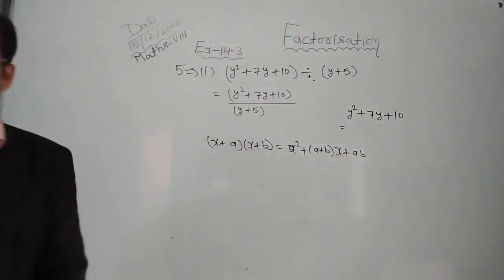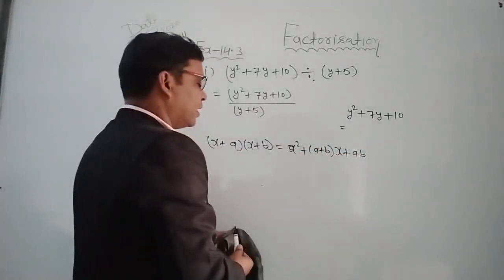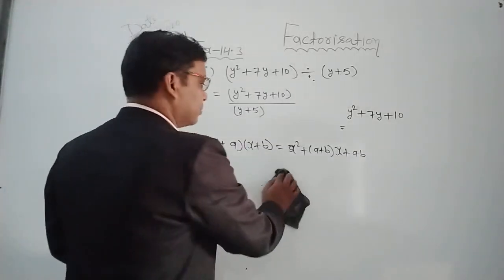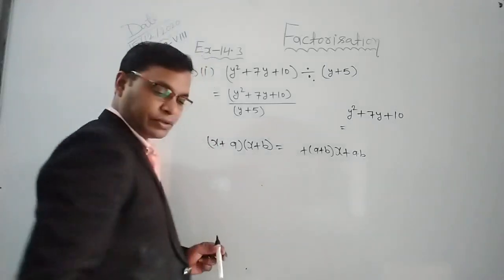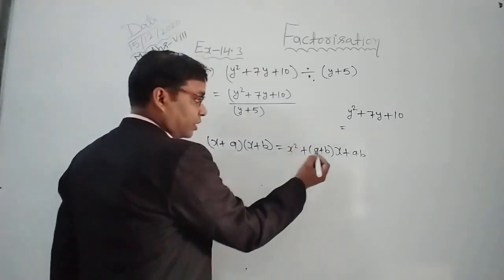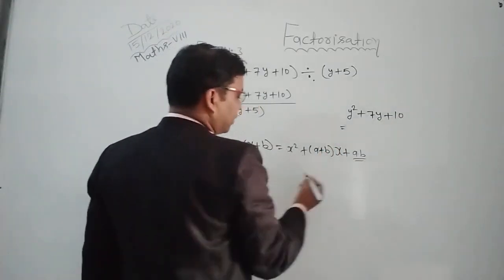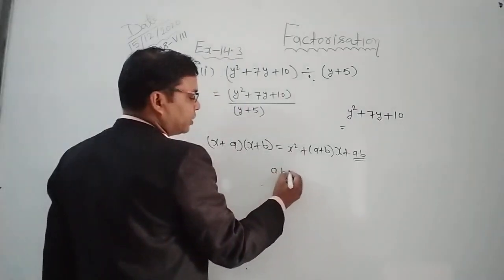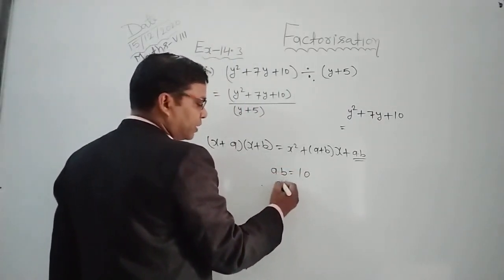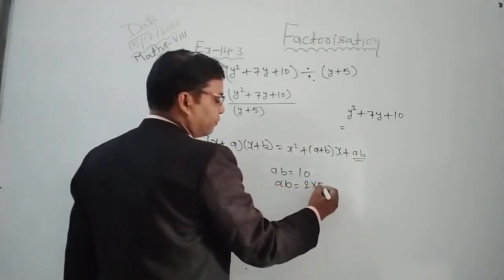Is this clear? You can see here this is x square, the coefficient of x is a plus b, and the constant term is ab. If you compare this constant term with the constant here, you get a into b is equal to 10, or you can write 2 into 5.